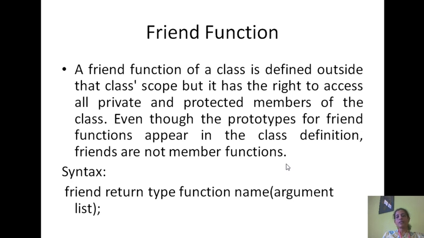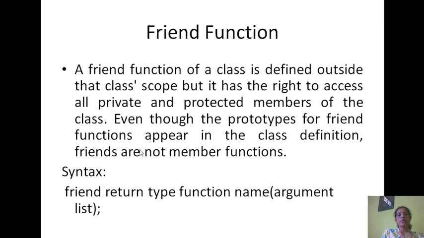Another special function we can use in C++ is called the friend function. Normally a friend function is not part of the class where we define the variables, but the private members of the class can be accessed by the friend function of that class. The declaration of the friend function must be within the class.